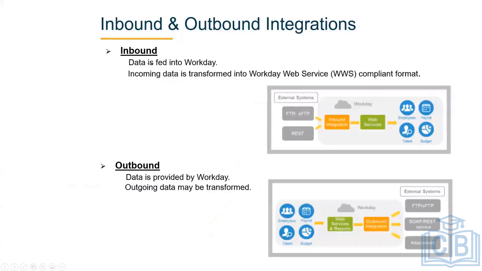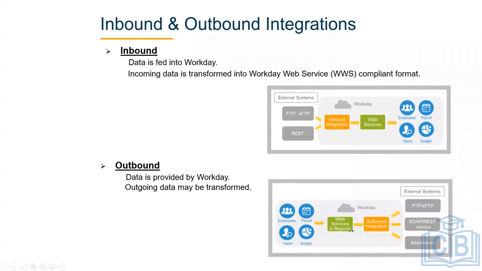So far, what we have seen is the inbound from EIB. We can also pull the data from REST as an inbound integration using the web services for the particular functional area, like employees, payroll, talent, and budget. We can ingress the data into Workday. For outbound, we can use these functional areas as the sources for our reports or the integrations.